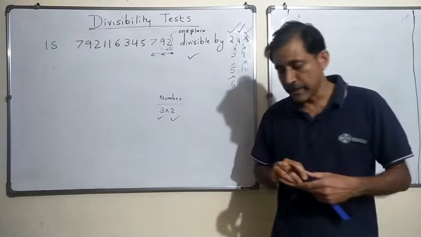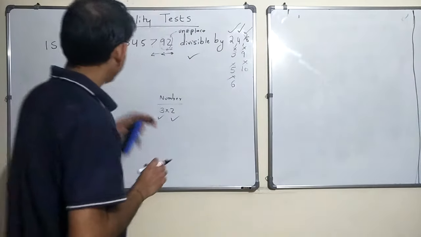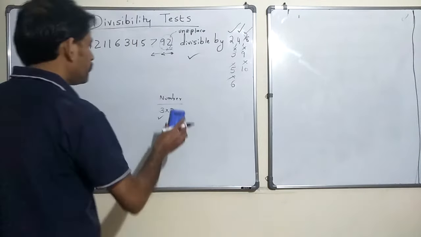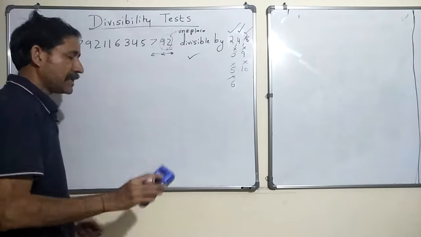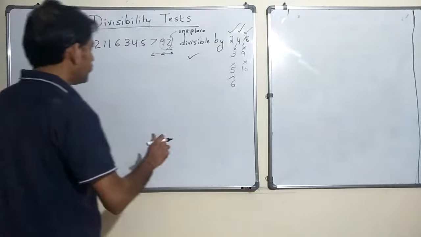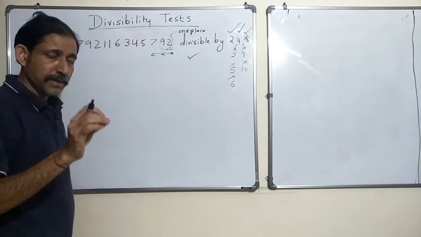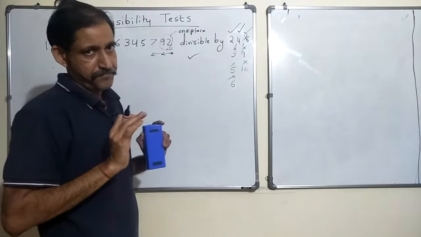Now we come to the final question which was posed by the child. Sir, whether this number is divisible by 11? All right. Now what is the rule to understand if any number is divisible by 11? It says that you take the digits in the even places and add them.